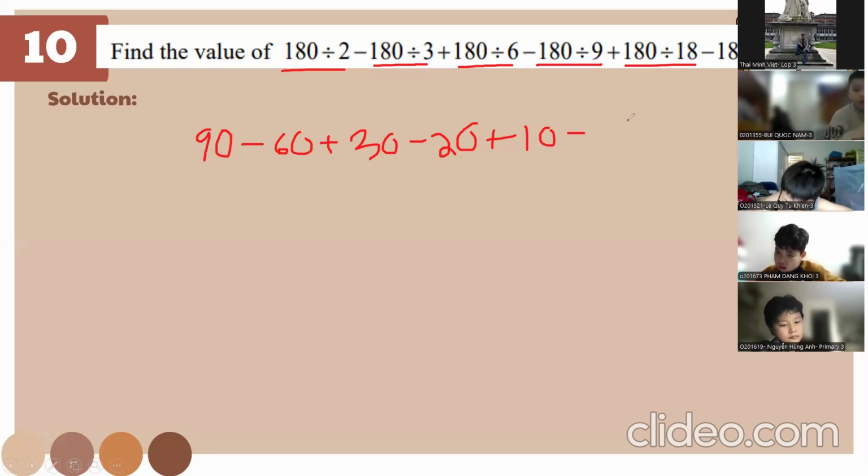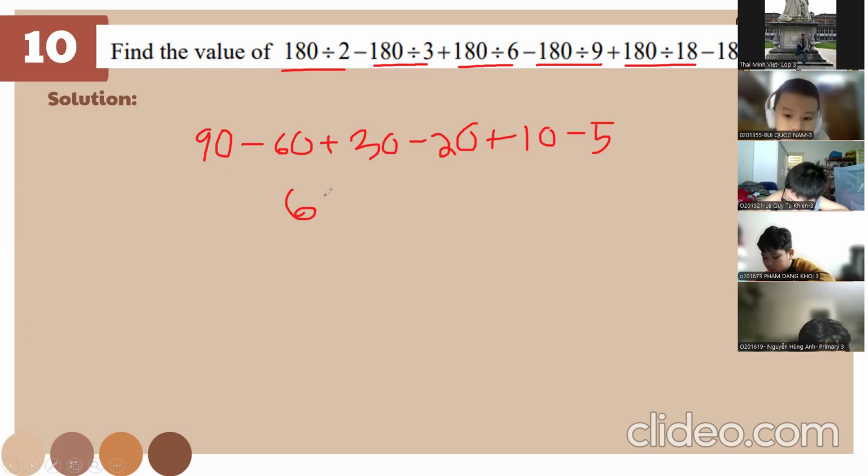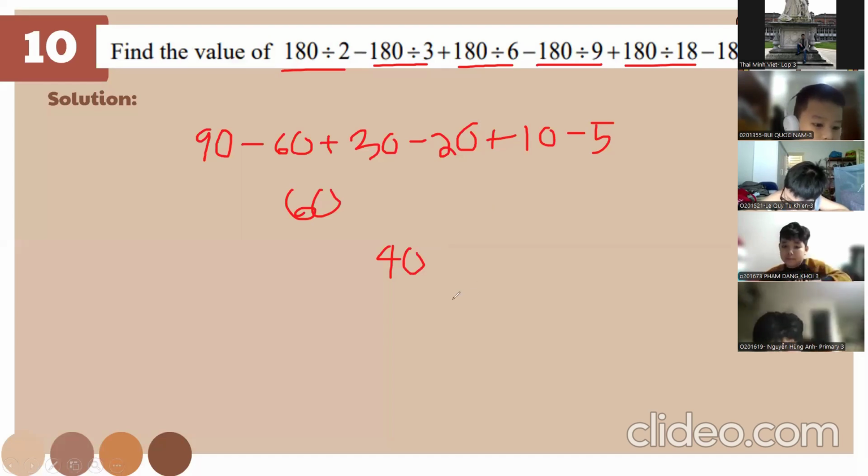And 180 divided by 36 is? 5. So if we have 90 minus 60, we have? 30. Plus 30 is? 60. Minus 20 is? 40. Plus 10 is? 50. And minus 5 is? 45.